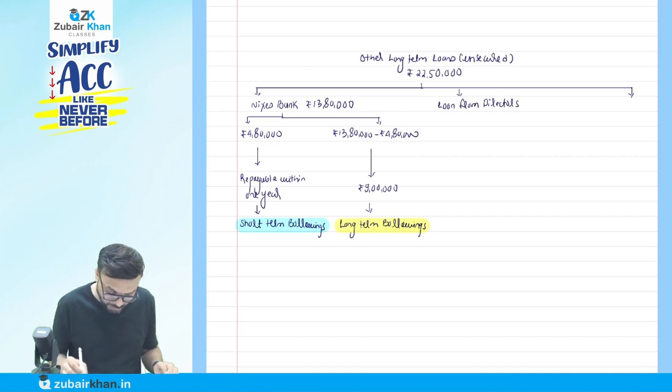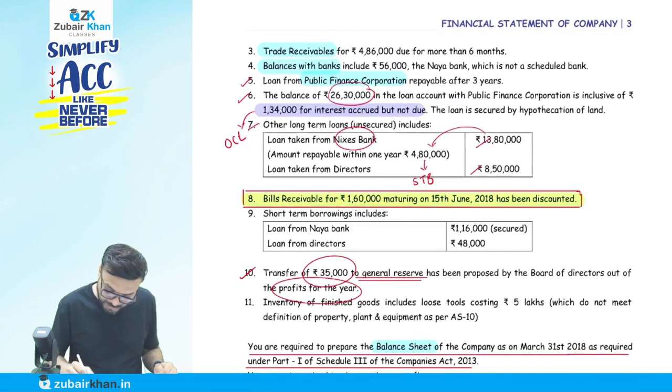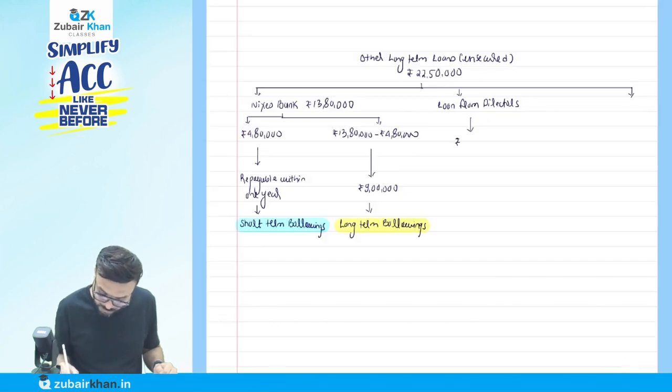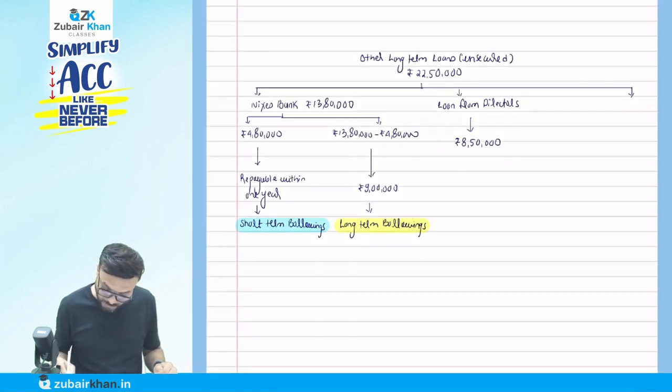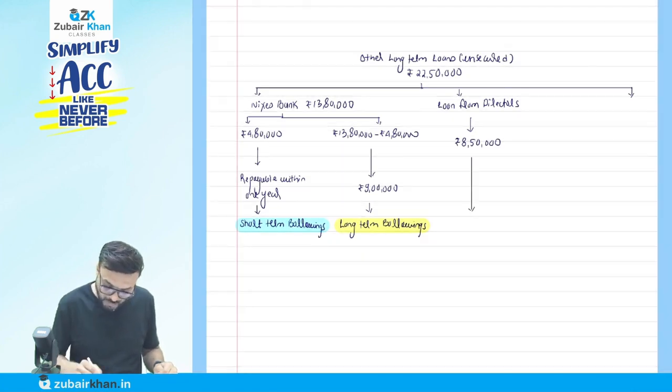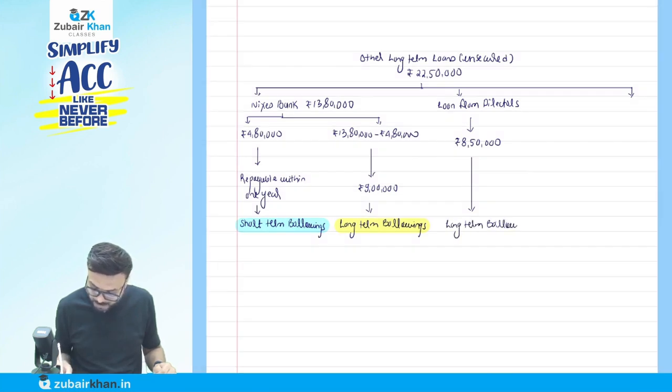How much is the loan from directors? It is 8 lakh 50,000. What do we call this 8 lakh 50,000? It is a long-term borrowing, no doubt. Long-term borrowings, obviously.